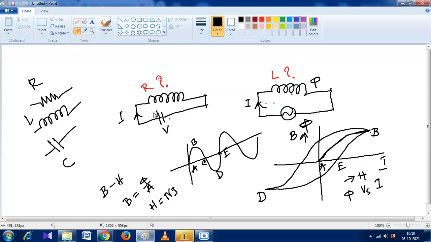Which one is the current zero point? Tell me, where is the current zero? This point. Have you got that? At which point is the current zero? The current starts from that point. Am I right? Have you understood that?